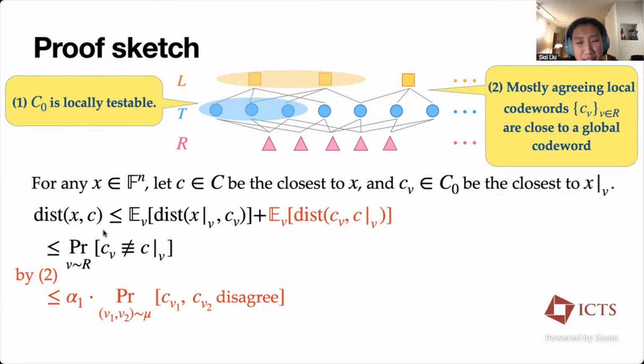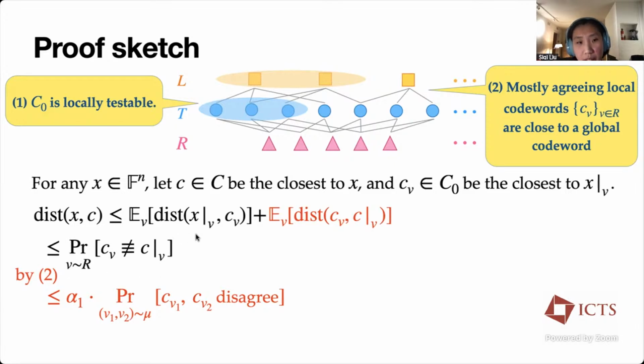And now this looks familiar because this is a quantity that actually appears in our condition of agreement testable property, right? So by agreement testable property of the tensor graph and the local code C0, we can upper bound this distance.